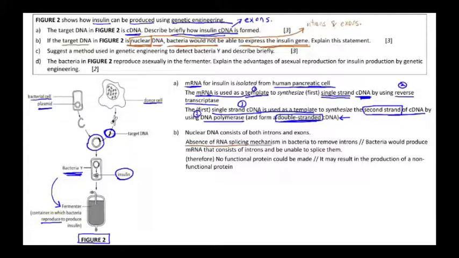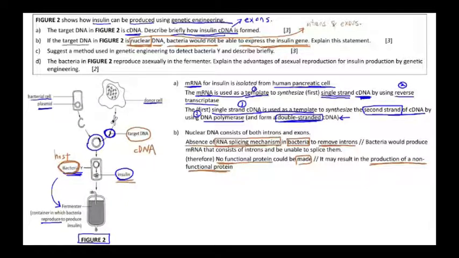Absence of RNA splicing mechanism in prokaryote or bacteria. That means bacteria cannot remove the introns from the DNA because they simply do not have the mechanism to remove the introns. This will cause no functional protein to be made, or we say it produces non-functional protein. That's why if a bacteria is used as a host, then the target DNA used must be a cDNA.